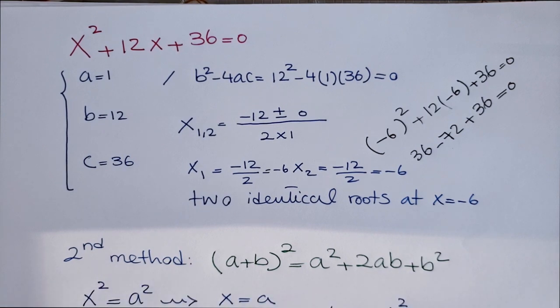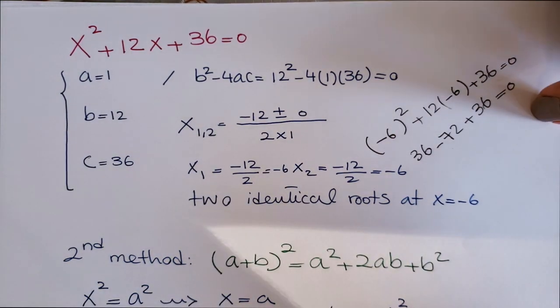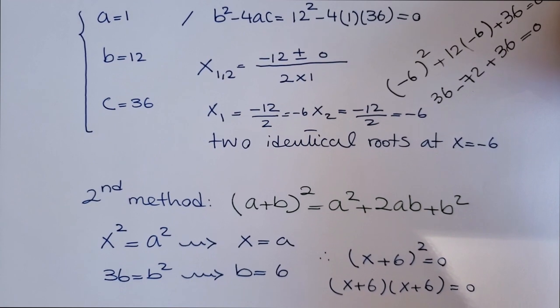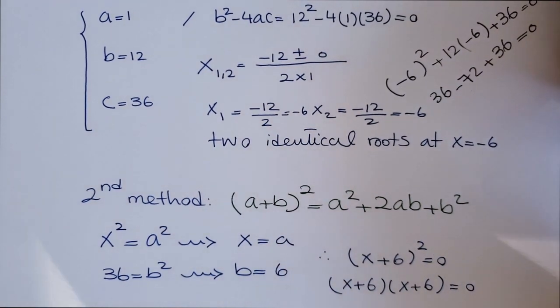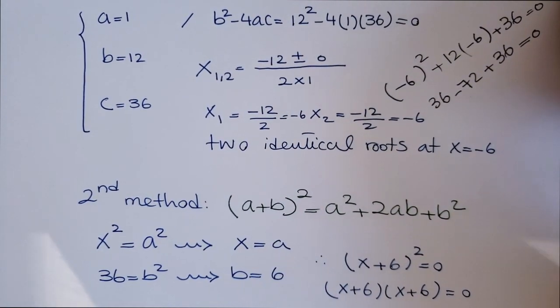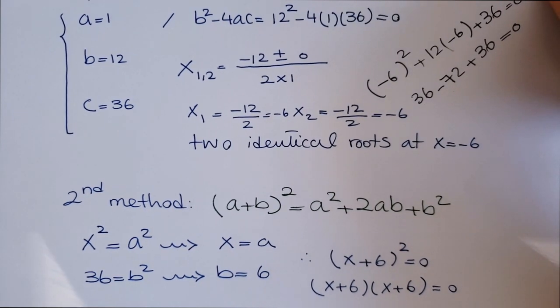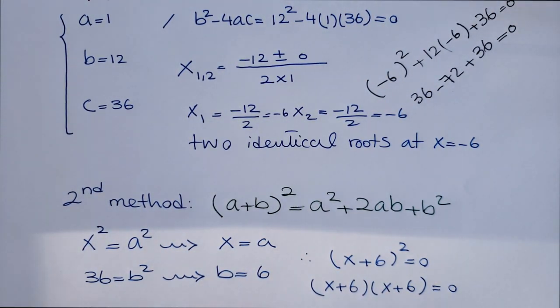Okay, so here x squared should be a squared. So from here we find the x to be a, and then if we continue, we will see that 36 is b squared, so b is equal to 6. All right, so that means we can rewrite the expression as x plus 6 to the power 2 equal to 0. So that means x plus 6 multiplied by another x plus 6 is equal to 0.